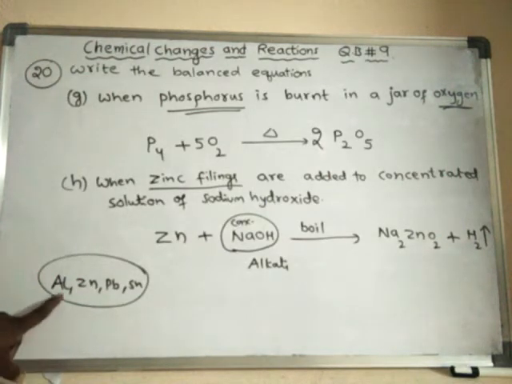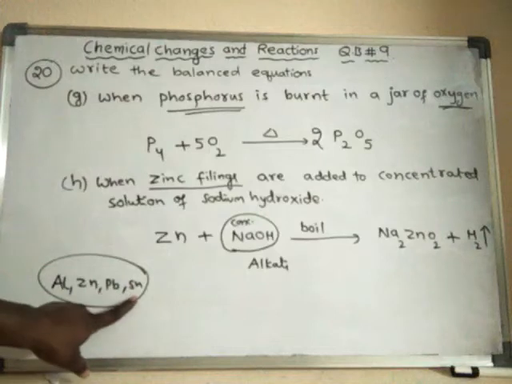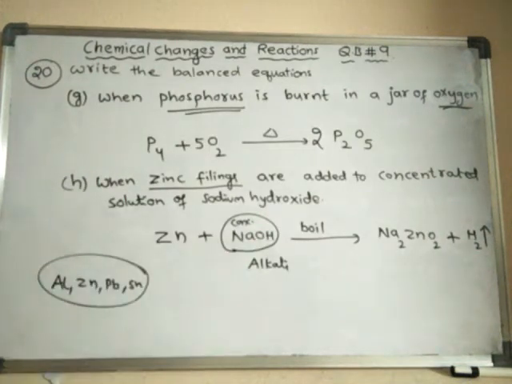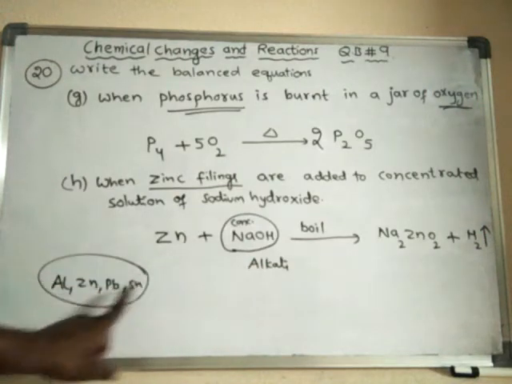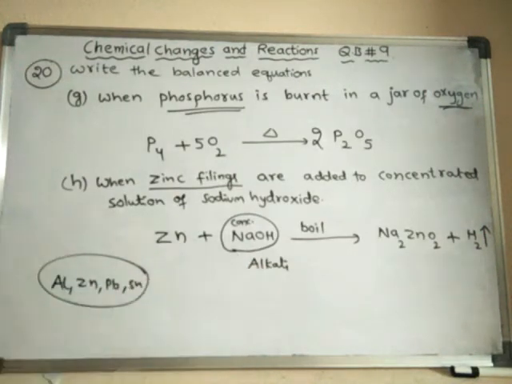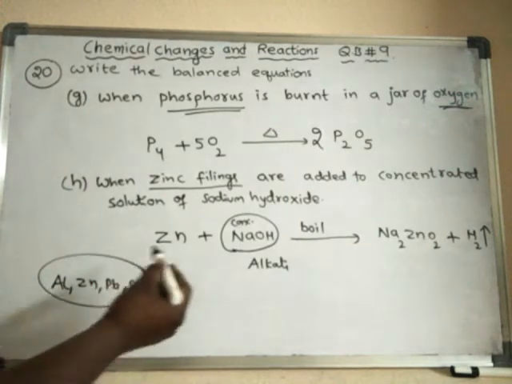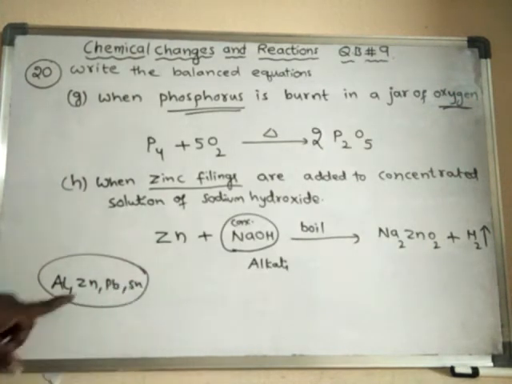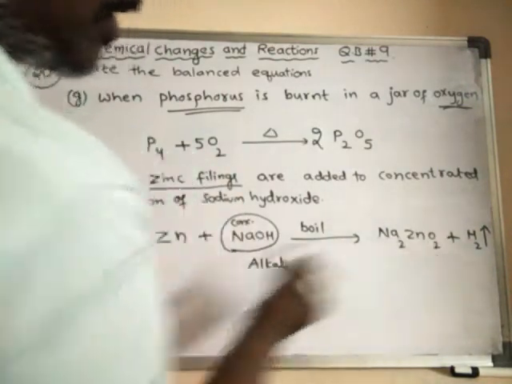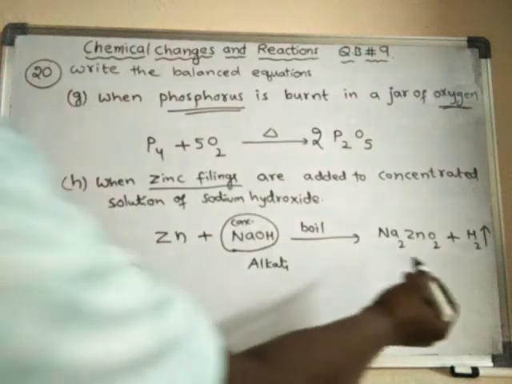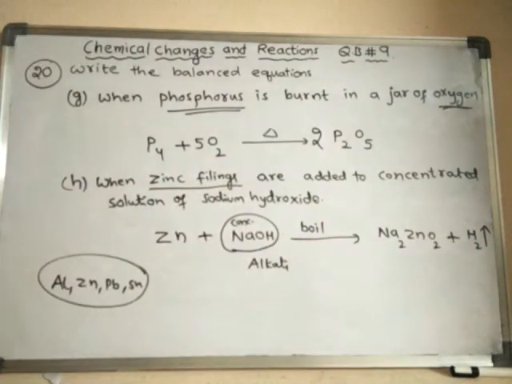That means mainly they react with strong alkalis. Alkali means either sodium hydroxide or potassium hydroxide. Only these metals will react with the alkali and form their sodium salts, and liberate hydrogen gas.